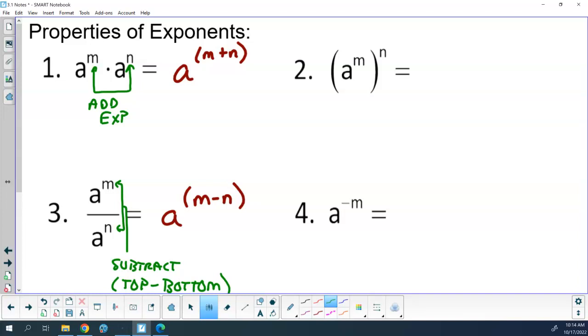Next one is the power to a power property. On that one, you multiply the exponents.